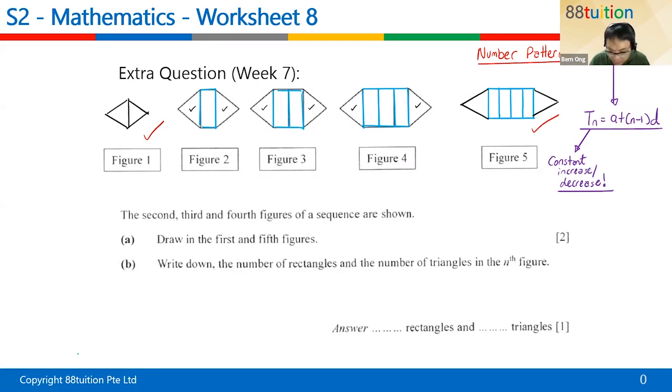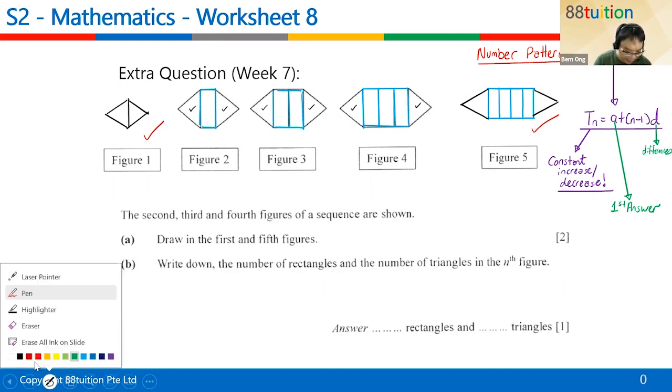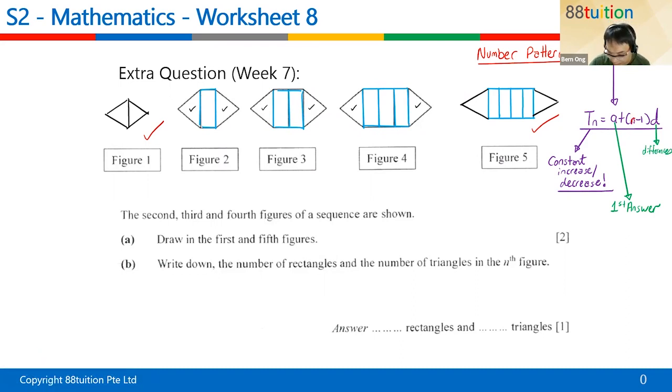So what is the meaning of a? a is actually the first answer. Later I'll explain, don't worry. And d is the difference between terms. And obviously you need to find the n term. Question always asks for the n term. What is the n term?